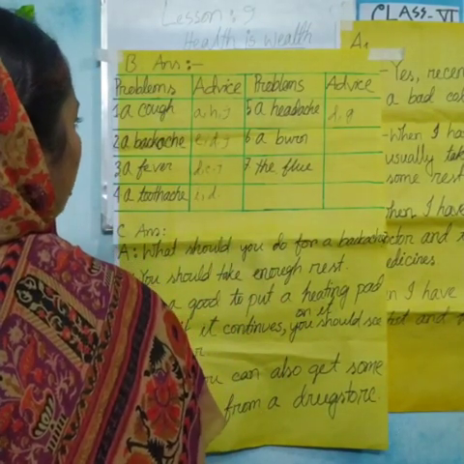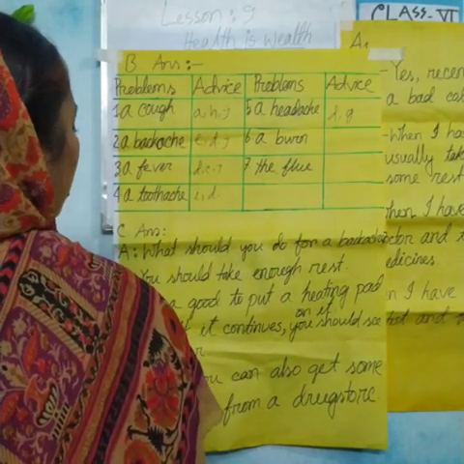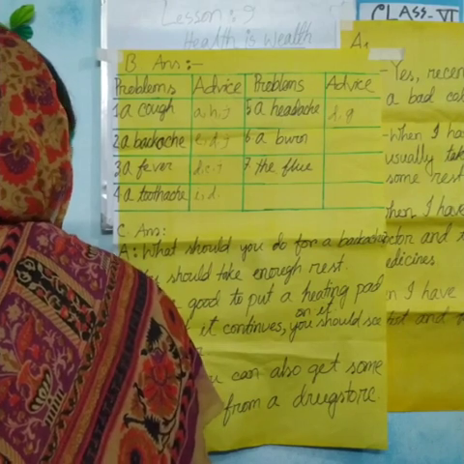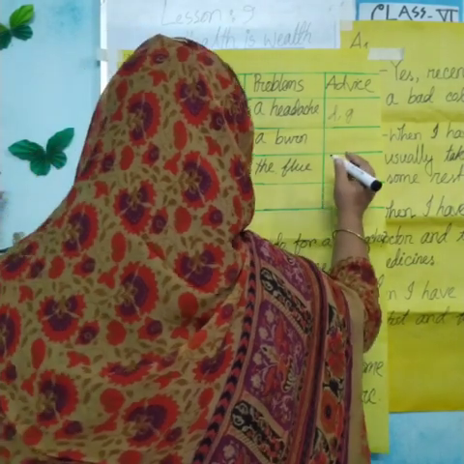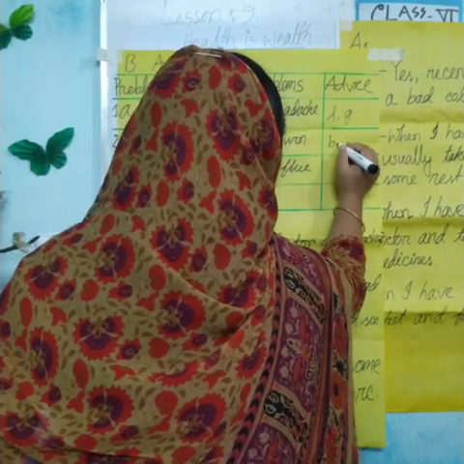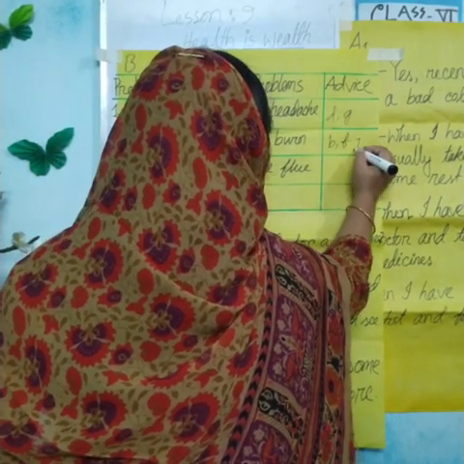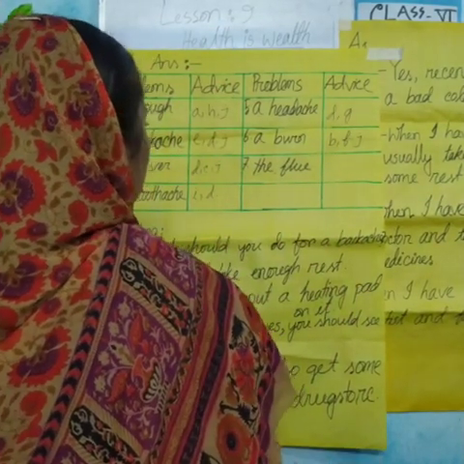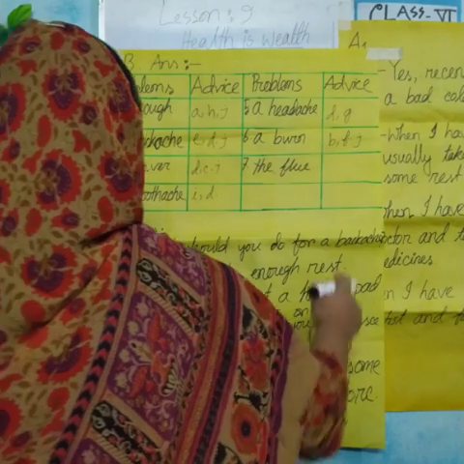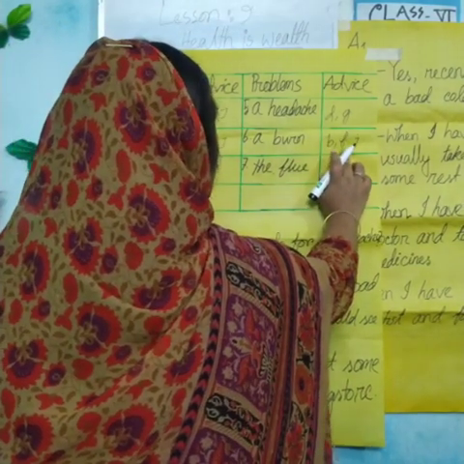For the health problem burn, we can write the numbers B, F, and J. B, put some ointment on it. F, put it under cold water.